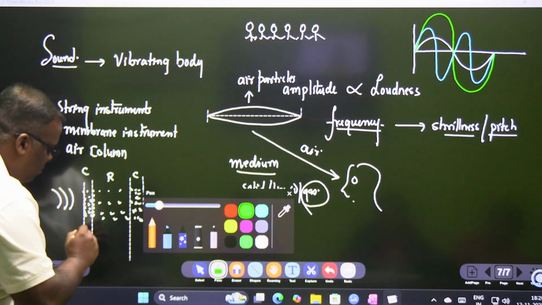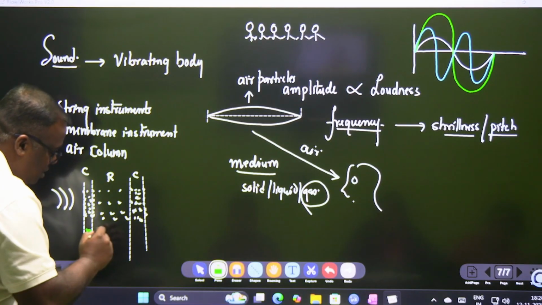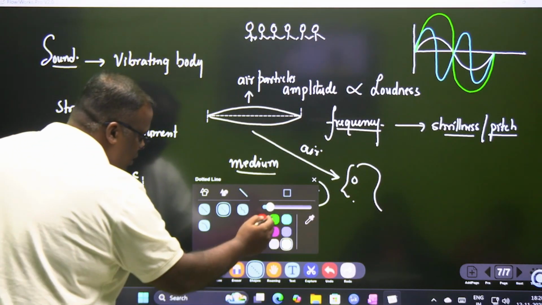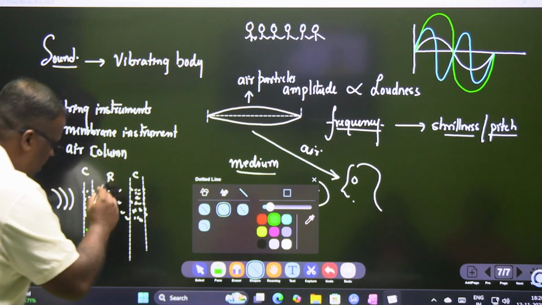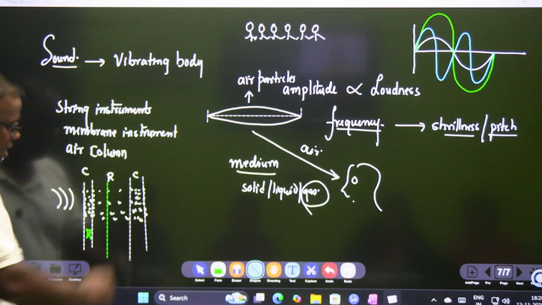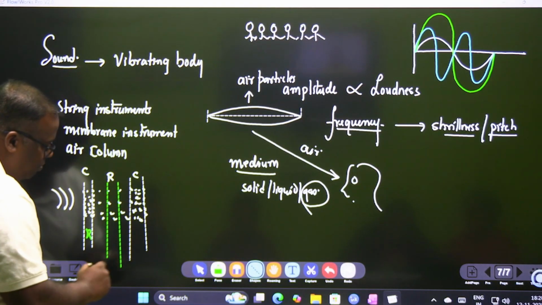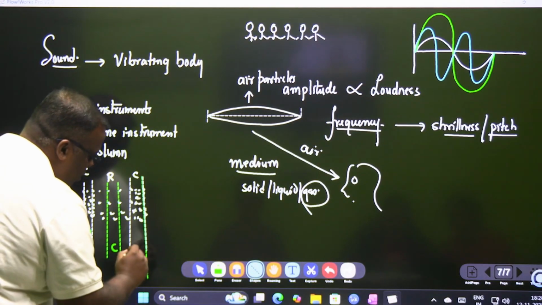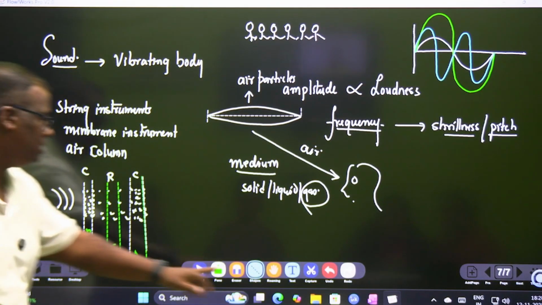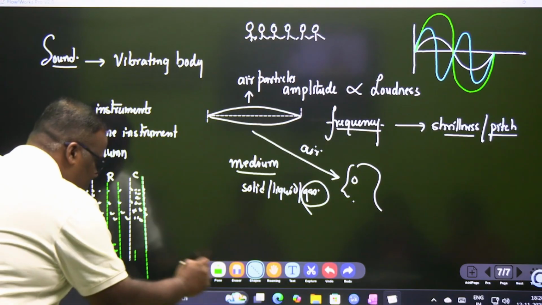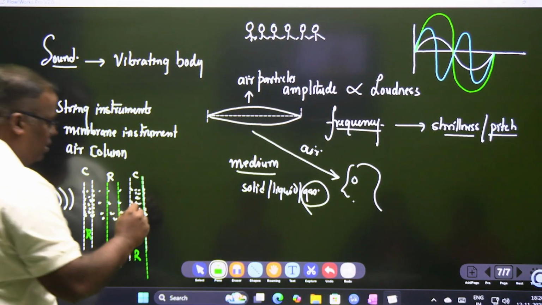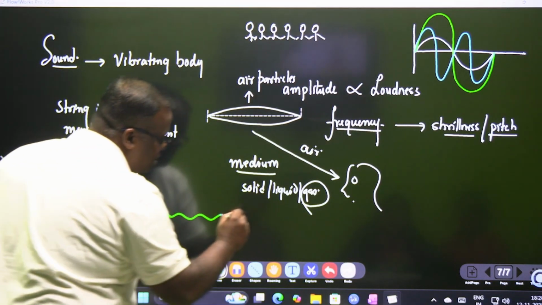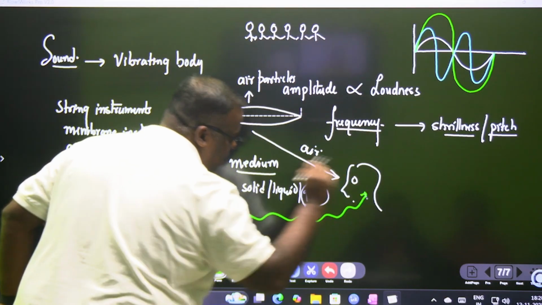This will become rarefaction, so the width will increase and this zone will become compression. And again I will get a rarefaction out here. Continuously this is happening. Have you understood? And this disturbance then propagates and reaches my ear.